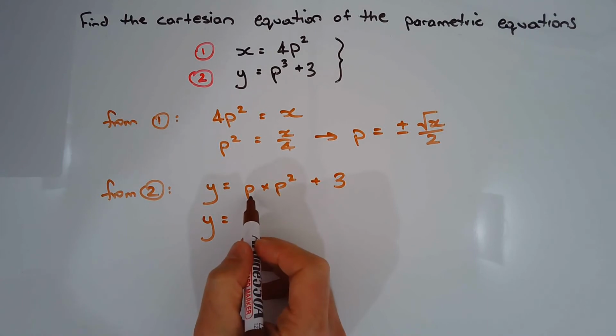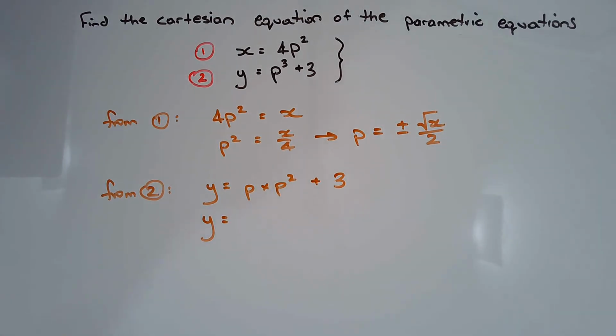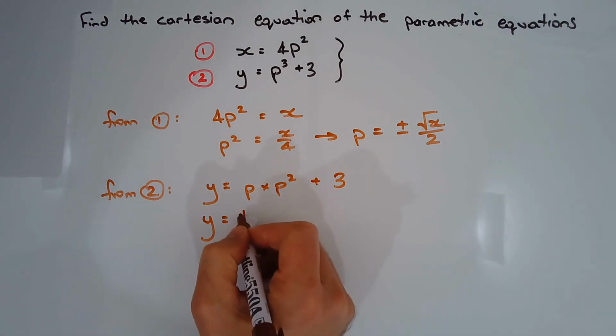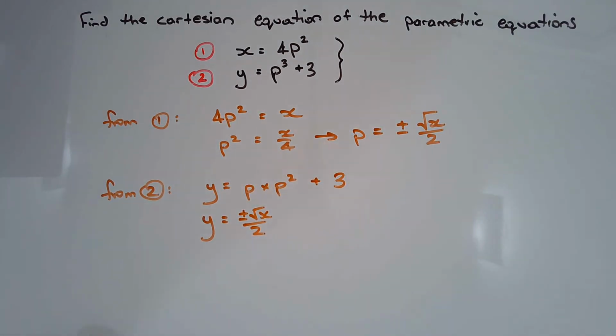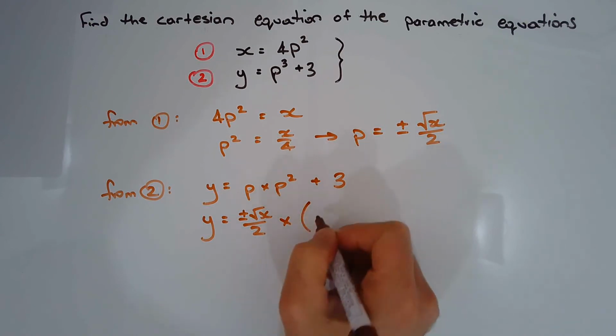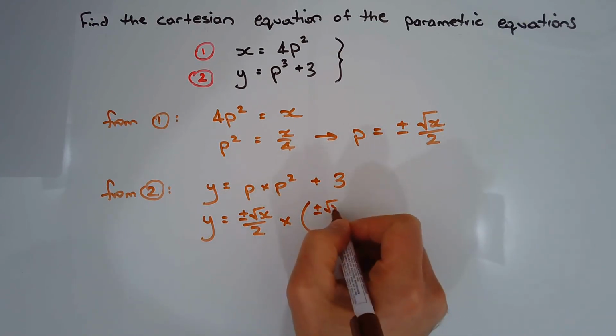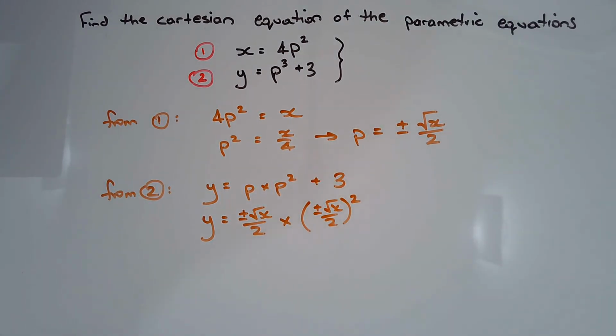Now we can substitute out the p, in its place substituting plus or minus the square root of x over 2. So p is plus or minus the square root of x on 2, multiplied by p squared, so that's plus or minus the square root of x on 2, all squared, plus 3.